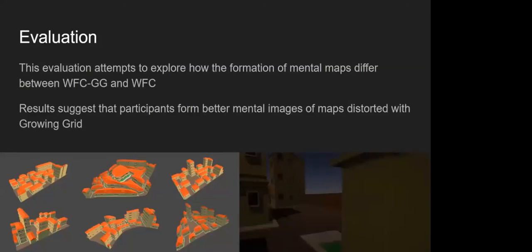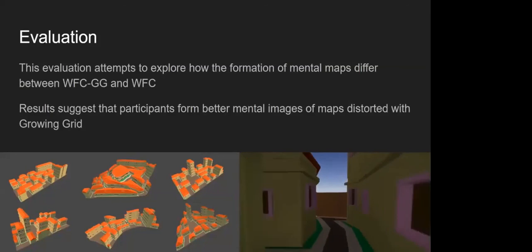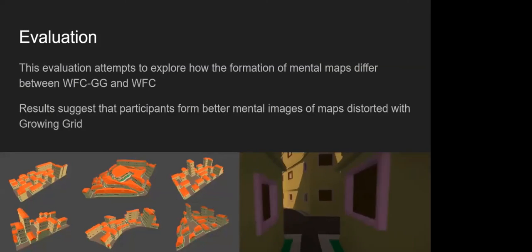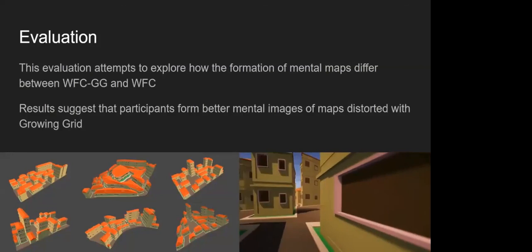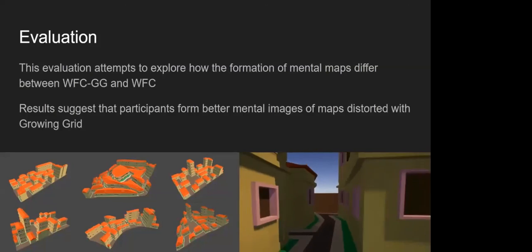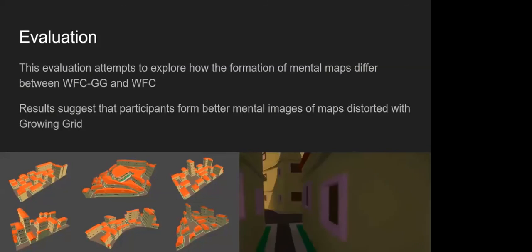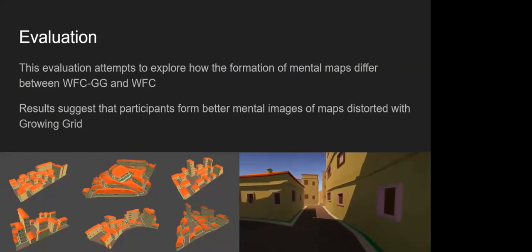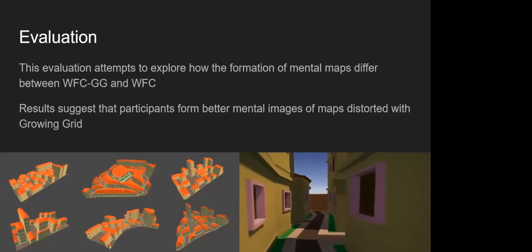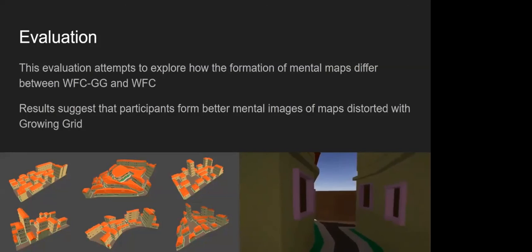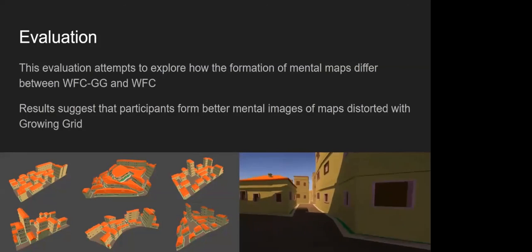To evaluate this project, we made a test setup where participants would navigate in either a map with regular quadrilateral grids, as you can see on the image, these straight maps, or they would navigate a map which had been distorted by the growing grid algorithm.